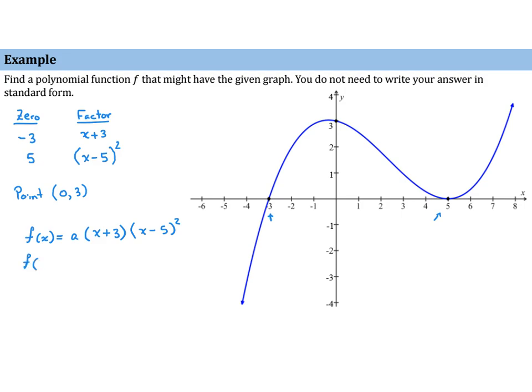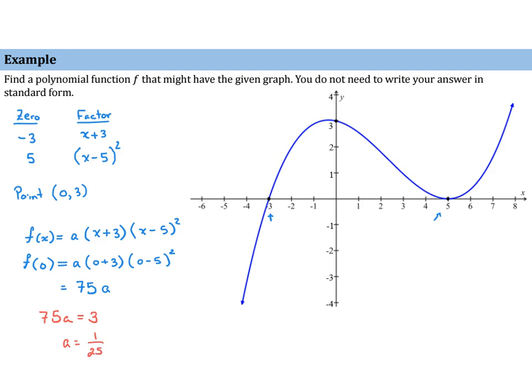So since f of 0 needs to be 3, let's put 0 in. 0 plus 3, 0 minus 5 squared, and this yields for us 3 times 25 is 75a. So what's this mean? 75a is supposed to be the output whenever we put in 0, but that's also supposed to be 3. So 75a needs to be 3.